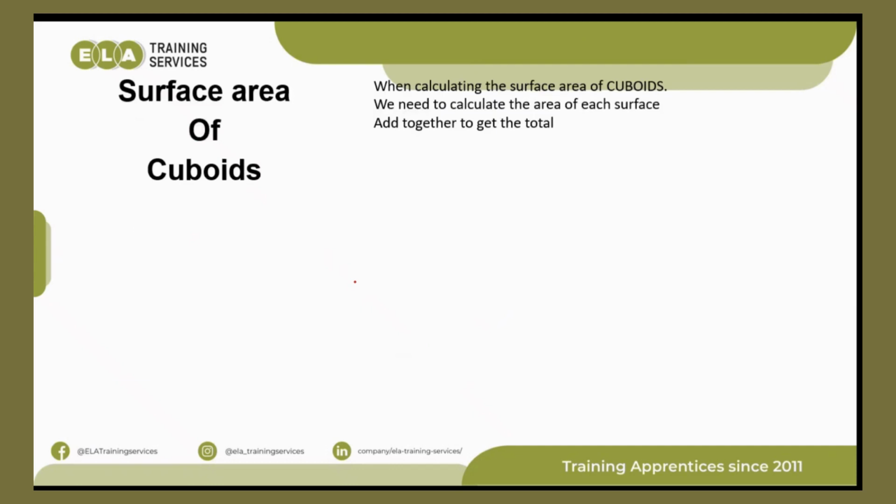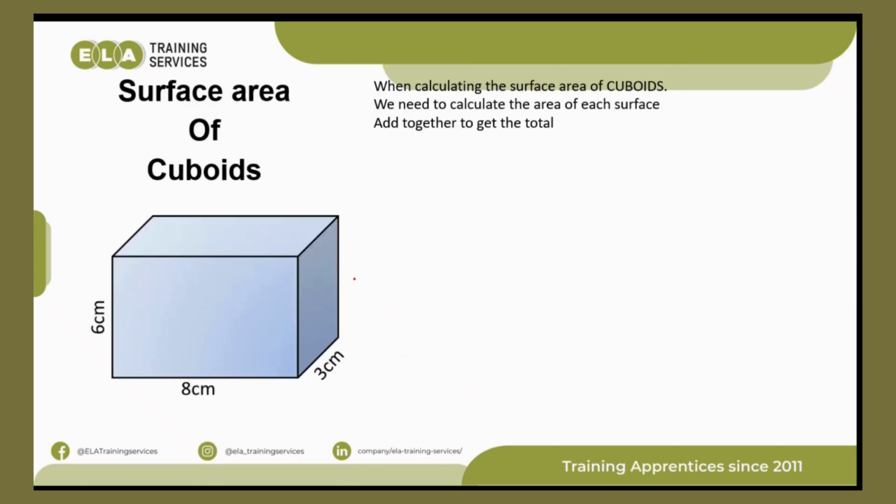A cuboid is slightly different. Here we have to break down the sides and then add them together. So first we work out the area of the front. So remember, whenever you're working out the area of the front, you're going to do the length times the width.